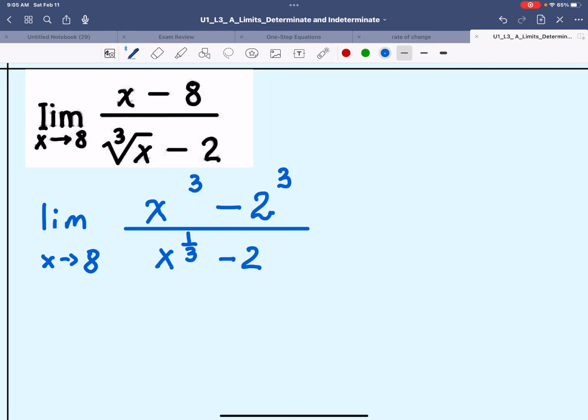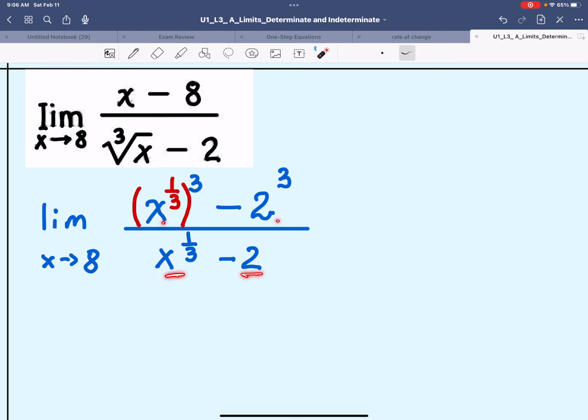But remember that we cannot change the value of the term, which means we need to modify x. If we want the power of 3, we need to give x the power of 1 over 3. In this way, we still have x to the power of 1, because 1 over 3 times 3 is 1.